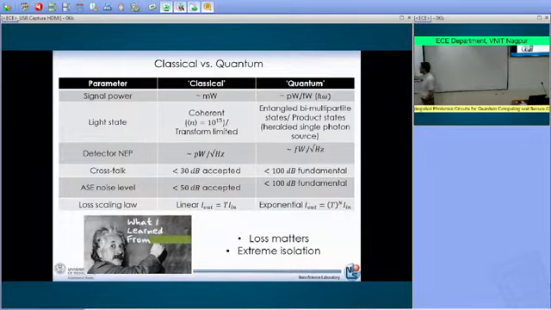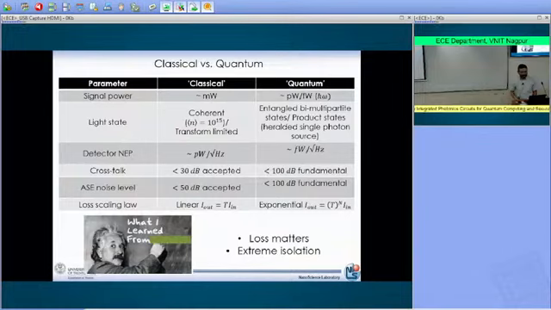In this case, the situation is different. Here you see an N, which means that the response of the system depends on the number of photons that you have inside your system. And therefore, the output signal is not only dependent on the input signal, but also on how many photons are used in your system.